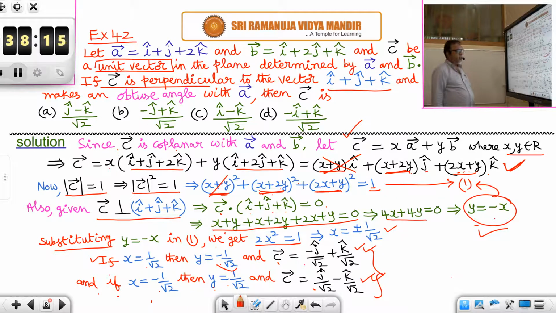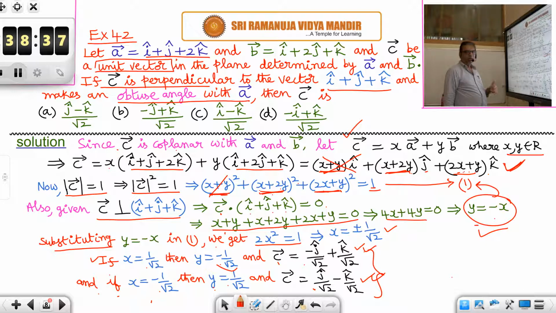But how to decide the correct option out of these two? Because he has given one more condition that C bar makes an obtuse angle with A bar, which is i plus j plus 2k. So take the dot product of this C bar with A bar.